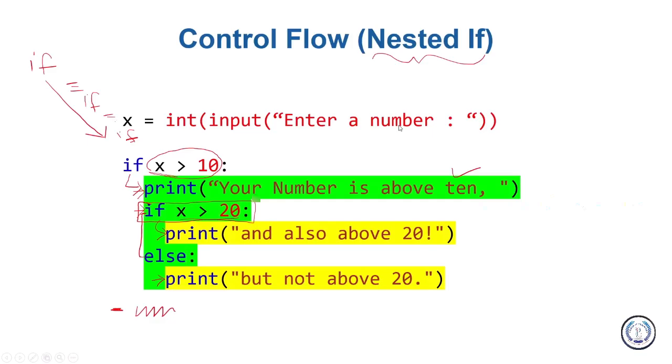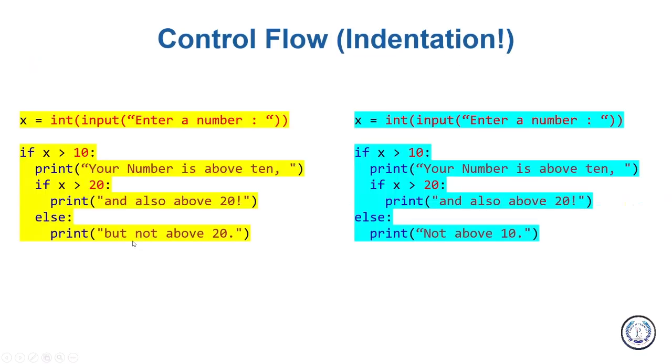One more thing that I have already told you, but just let me tell you the power of indentation. You are here, for example, in this particular if condition. That's the if condition, and that's the nested if. And that's the else part of this if. If you move this else part in the indentation or alignment with this if, then this is the else part of this if, and this is not the else part of this if.